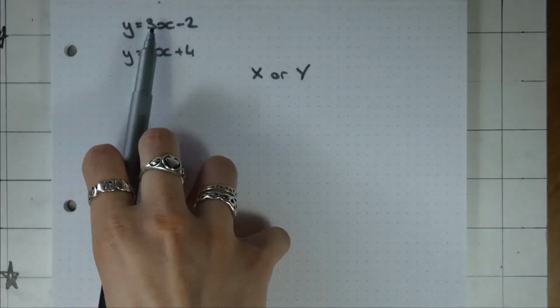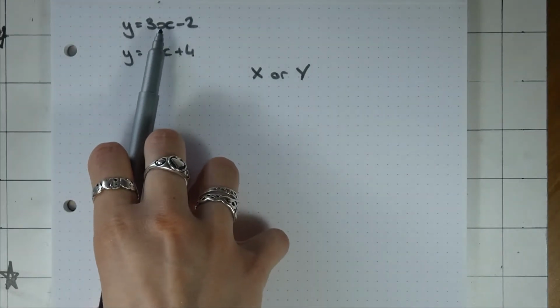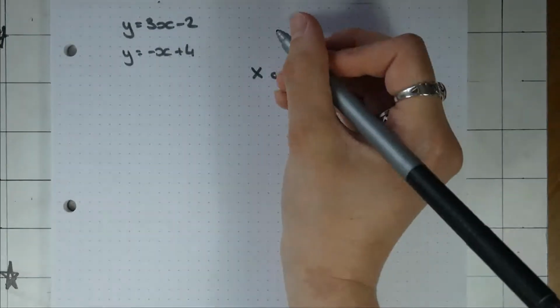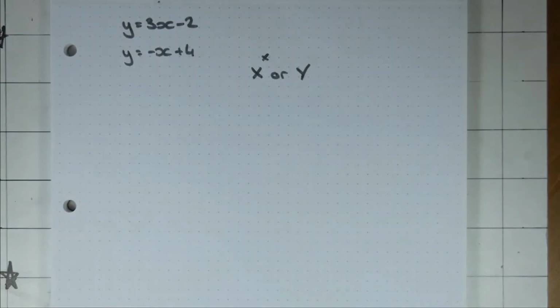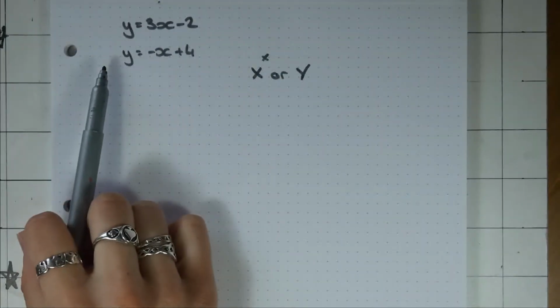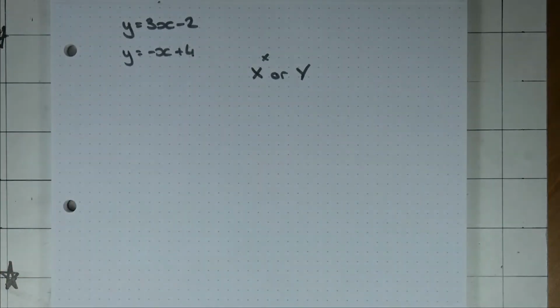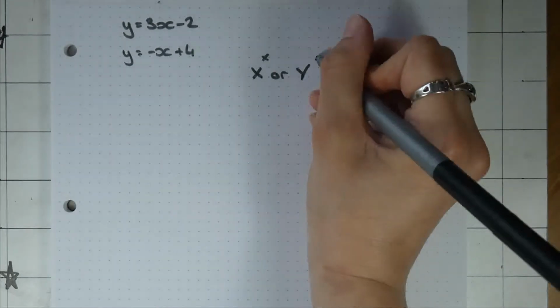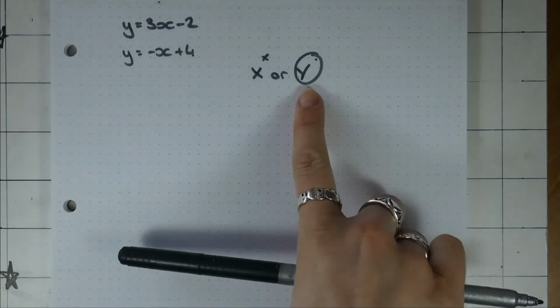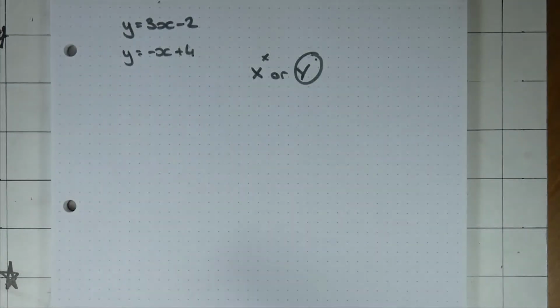So it's quite easy to look and see that x has 3 and minus 1. That's not going to work. But if we look at y, we can see that actually they both have that imaginary 1, the one we don't bother writing down. So we are going to be able to get rid of our y's. Whichever thing you circle there should disappear after the next step.